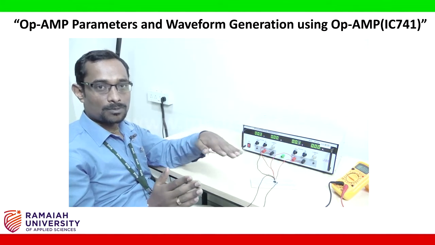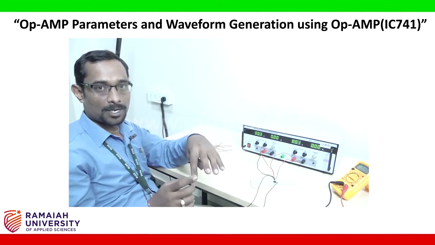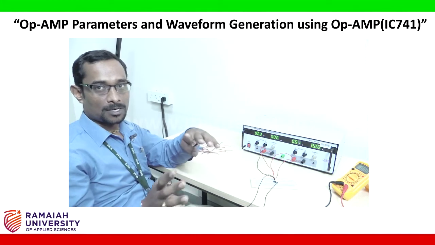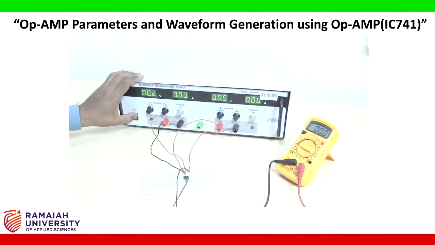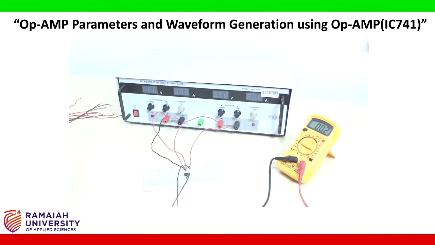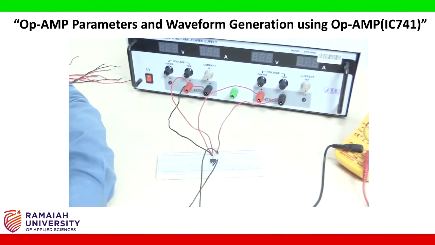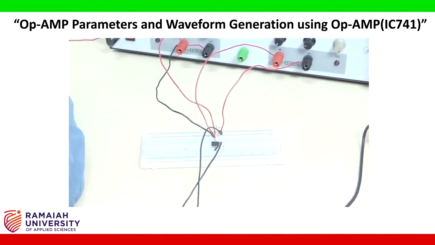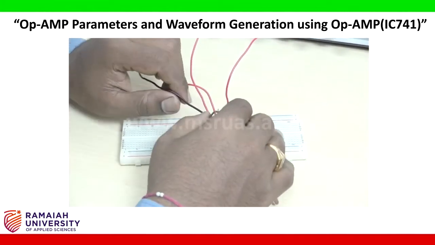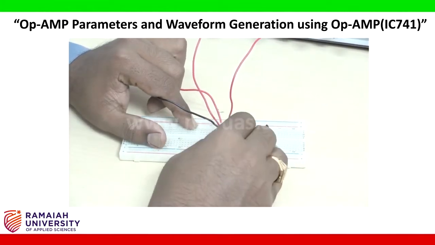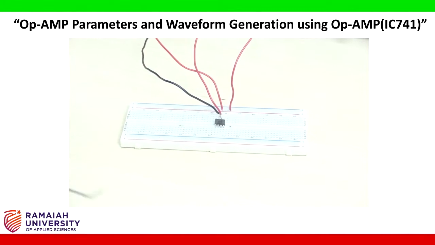Now I am going to connect the circuit for input bias current and input offset current. Now we will switch off the power supply. We have a small change in the circuit. To measure the current, we need to connect in series. So I am going to remove this multimeter from the output end.